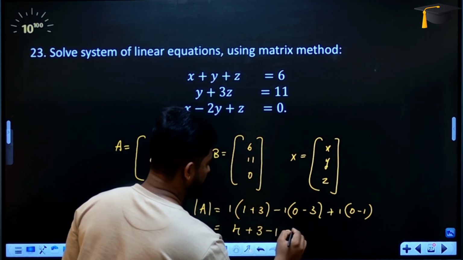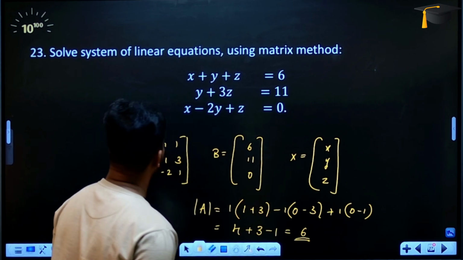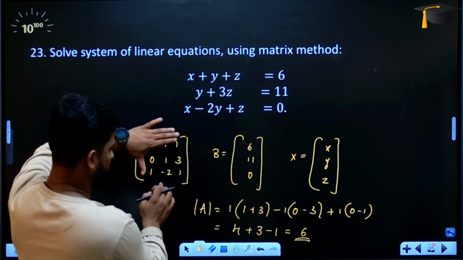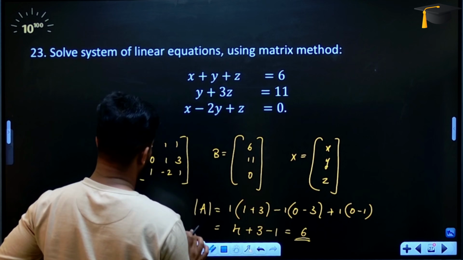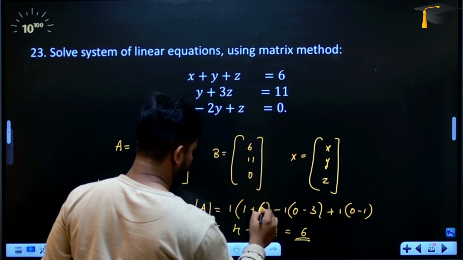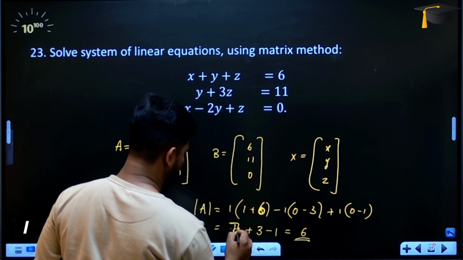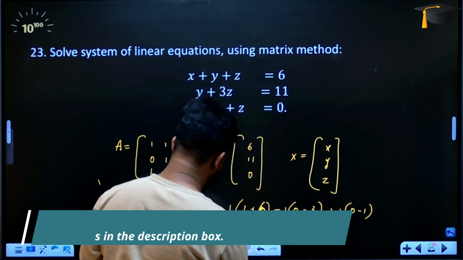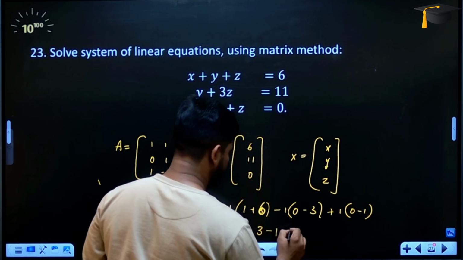So 4 plus 3 is 7, 7 minus 1 is 6. 6 we got it. I hope it is correct. So 1, oh, it's wrong. 1 into 1 is 1, 3 2 is a 6 now here. And it is 7. 7 plus 3 is 10, 10 minus 1 is 9. Yeah, so this is 9.